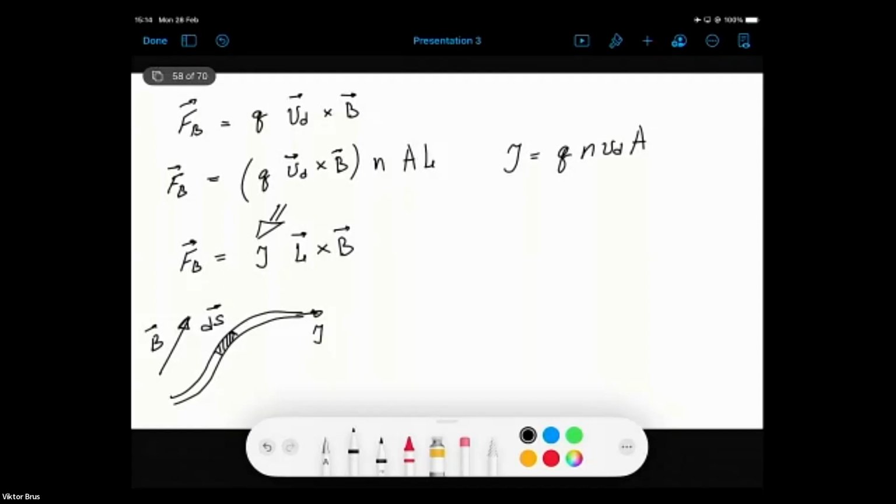So some small magnetic force which is exerted on this small element of the conductor can be described as dF magnetic is equal to I times ds vector cross product with B vector.